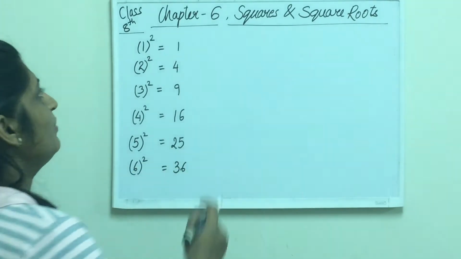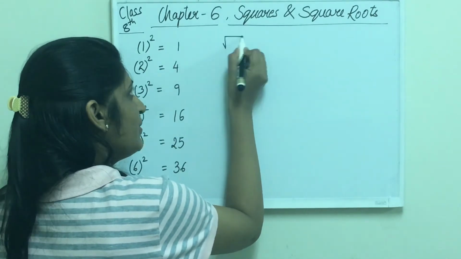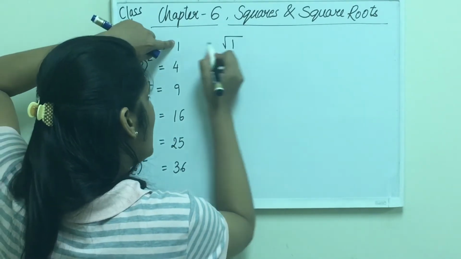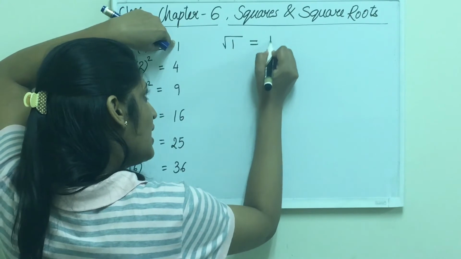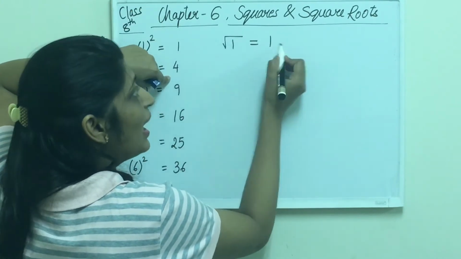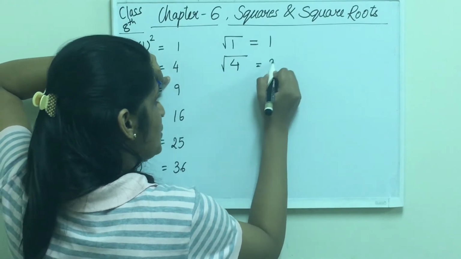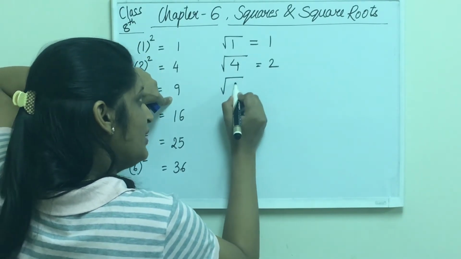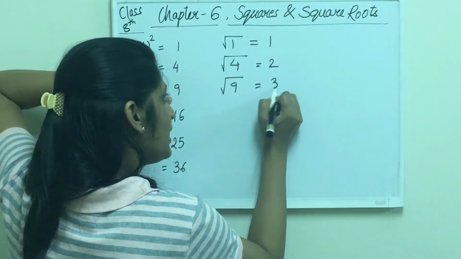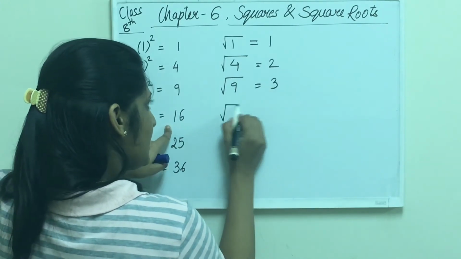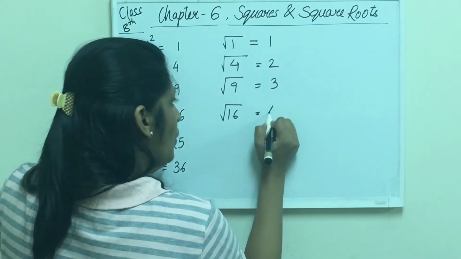Now this time we will do the inverse. Square root of 1 is 1. Square root of 4 is 2. Square root of 9 is 3. Square root of 16 is 4.